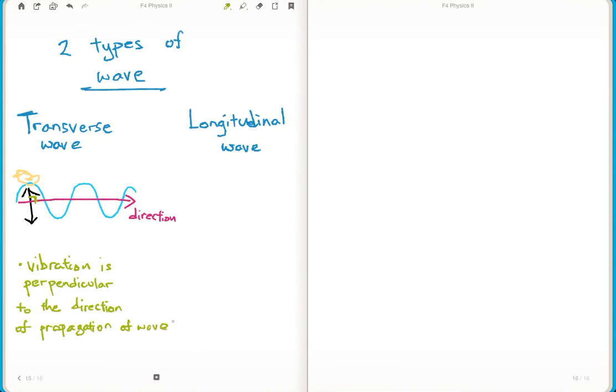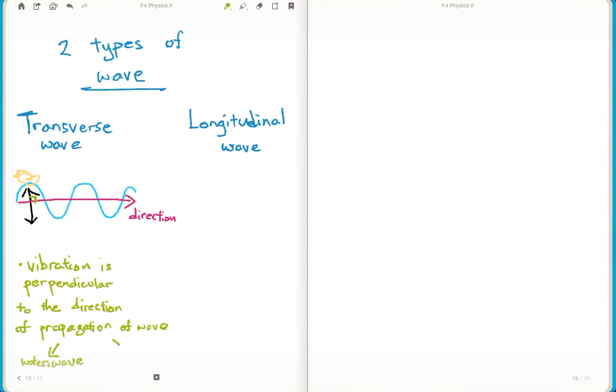Okay, so what are the examples? I hope you know it by now. First one would be the water wave, the one that I showed. In your school example, they will show you also water wave, up and down, and then the wave travels from left to right.